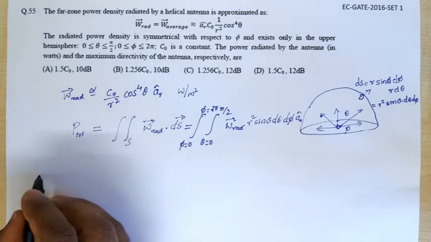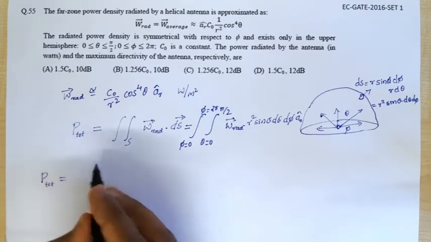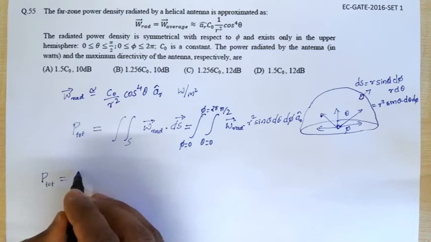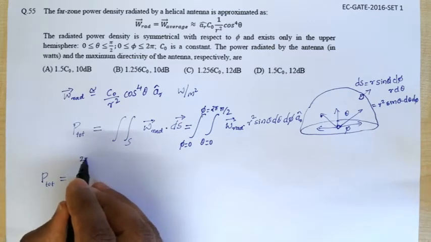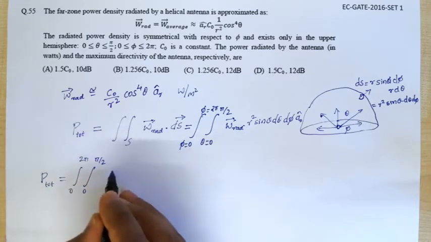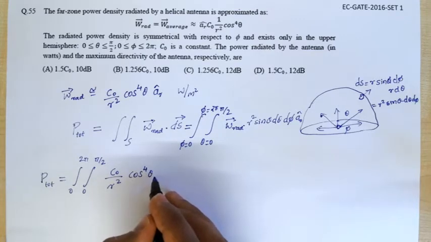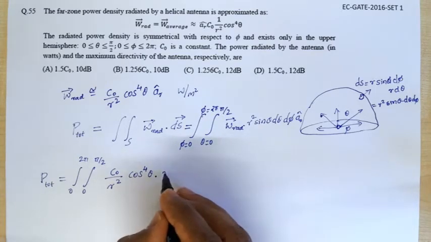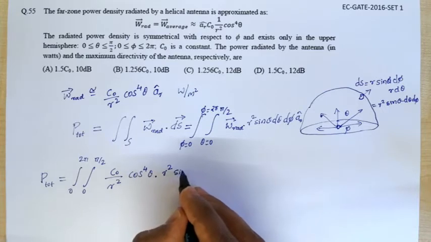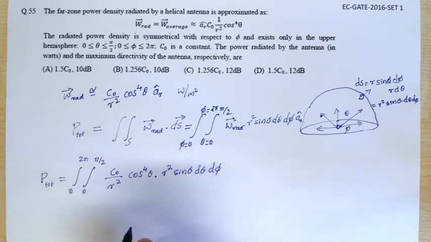So, P total is equal to the integral with phi from 0 to 2 pi and theta from 0 to pi by 2, C naught upon r square cos 4 theta, and we have r square sin theta d theta d phi.